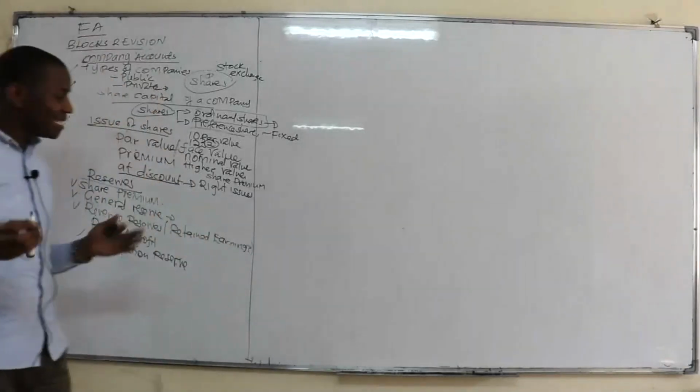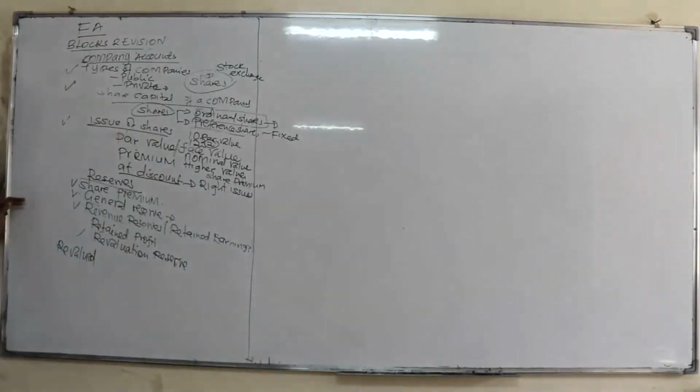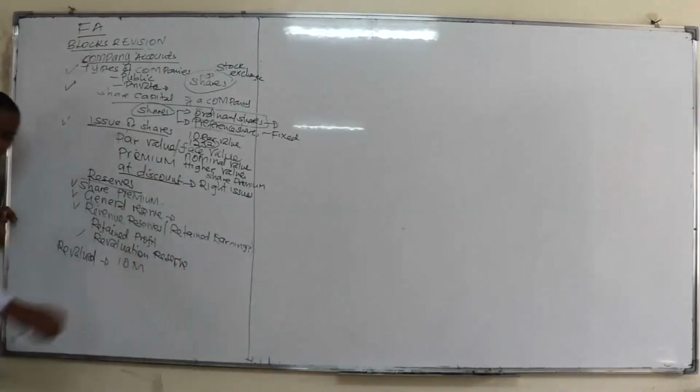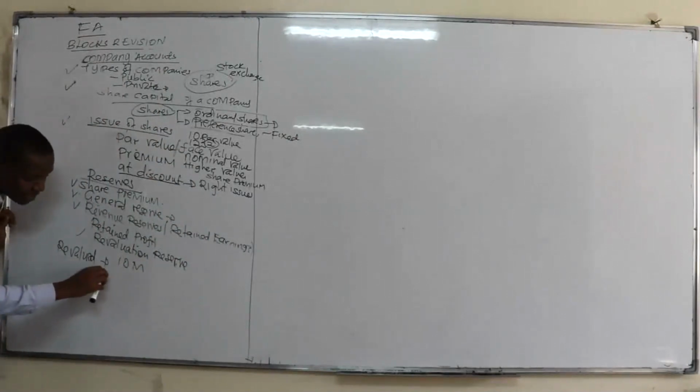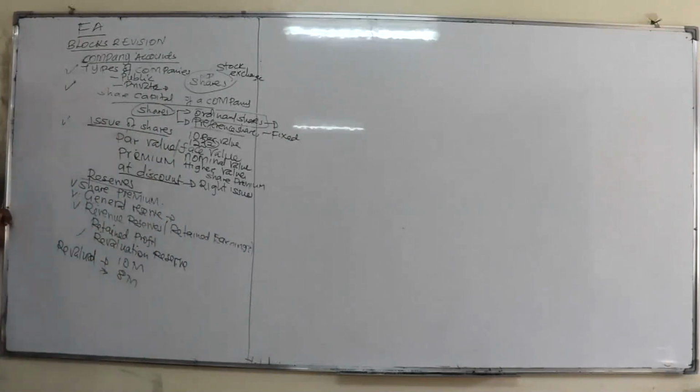You can engage a revaluer who will come and value this building. The revaluer says this building is worth 10 million. But the original cost of this asset was probably around 8 million. Are we together?